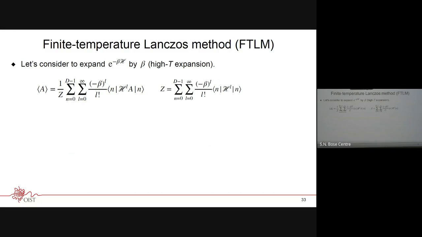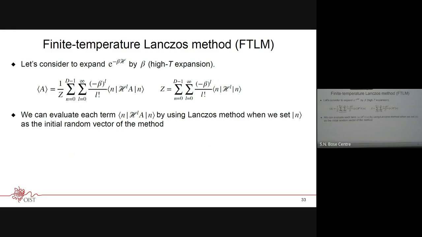You can see here the multiplication of the Hamiltonian matrix with the operator A and the basis vector n. We should evaluate this term using the Lanczos method. That means we can set this n as the initial Lanczos vector in the usual Lanczos method. Then we can evaluate this term.